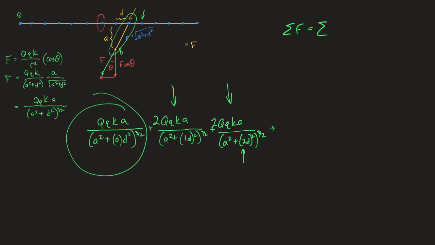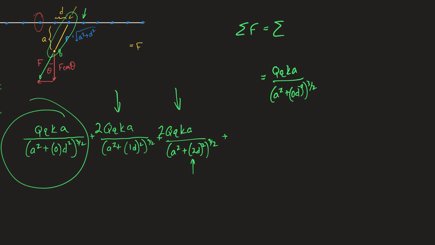So I might be resigned to write QQKA over a squared plus 0d squared to the 3/2, just to write it out there. But then I might say plus the summation.